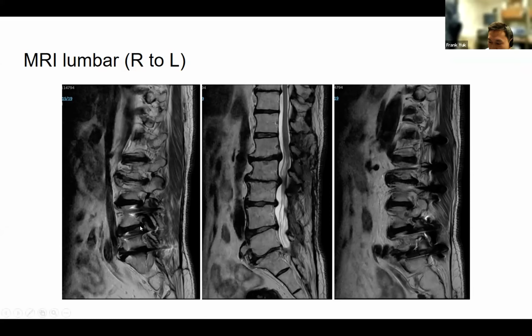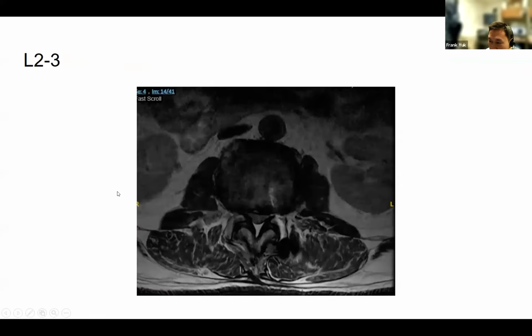I wouldn't say there's any deformity yet, but there is a significant amount of degeneration in the lumbar spine throughout, specifically at the right 4-5 foramen. There's a significant amount of foraminal stenosis as compared to the left. There's some artifact from the screws. Okay, and here's the midline cut from L2-3 showing severe stenosis.